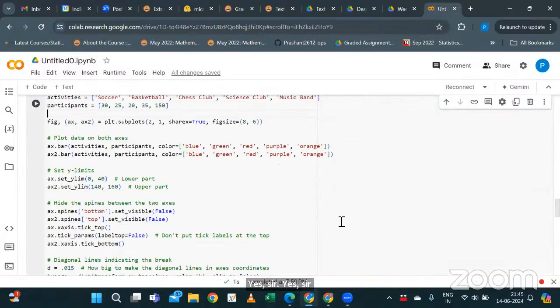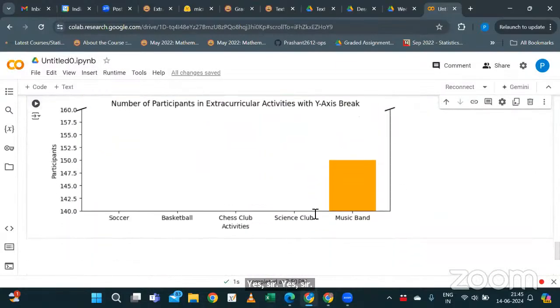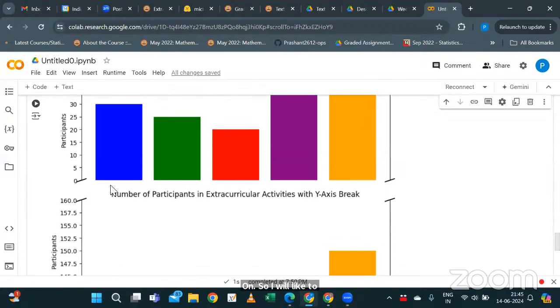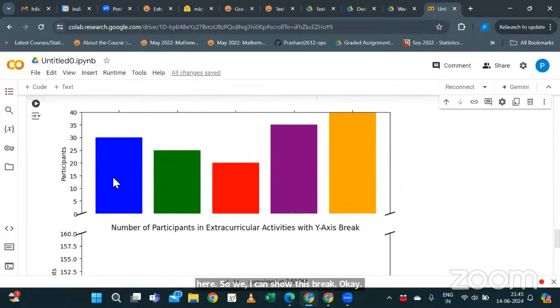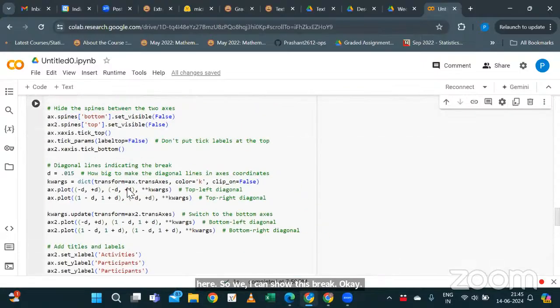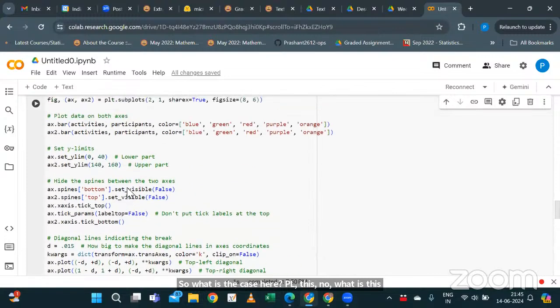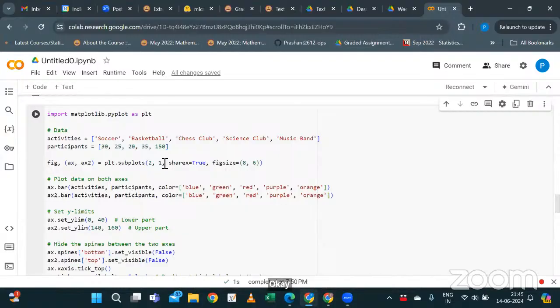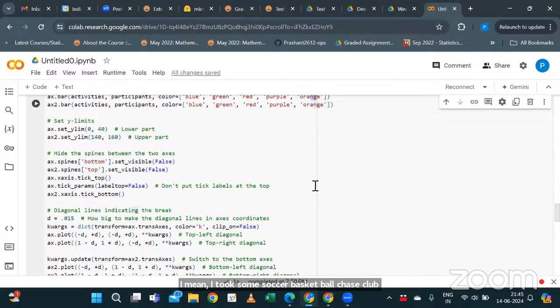graph on Polar. So I will try to explain here. You can see here, so I can show this break. What is the case here? We have five kinds of activities. I took soccer, basketball, chess club, science club, music band, and for each I took a different color.